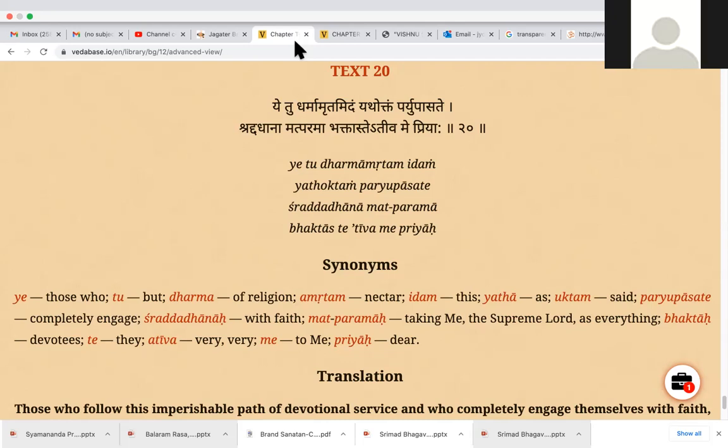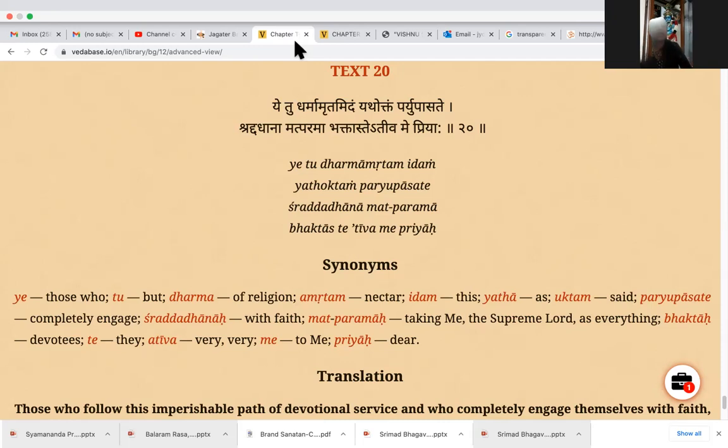Shraddhana mata parama. Shraddadhana mat parama. Shraddhana mata parama. Bhaktaste tiva. Bhaktaste tiva. Me priya. Me priyaha. I'm sorry, it's me priya. I'm sorry, I did not look at that.